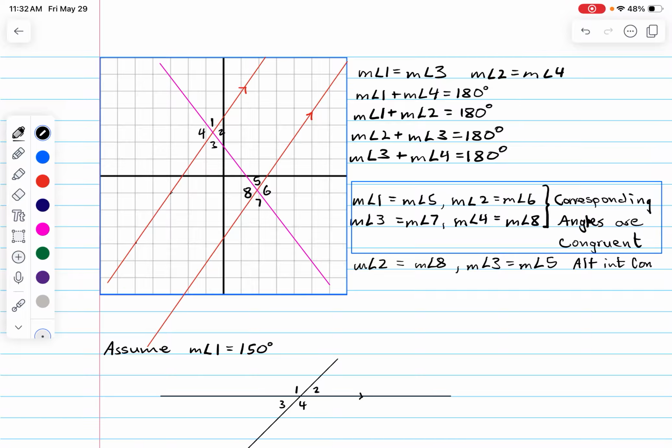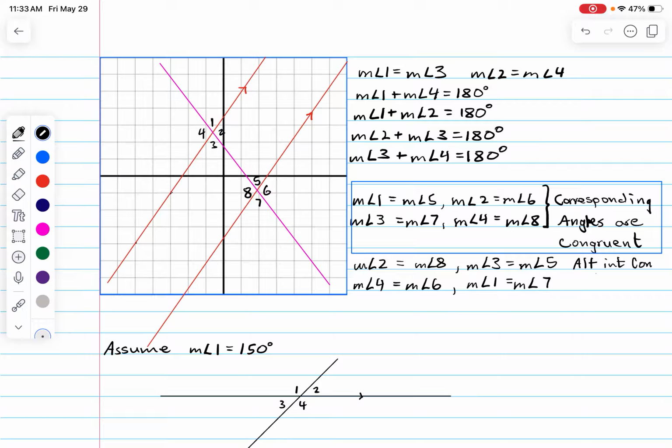Now, the same is true for the alternate exterior, and you could make a similar argument. So the measure of angle 4 is equal to the measure of angle 6. And the measure of angle 1 is equal to the measure of angle 7.